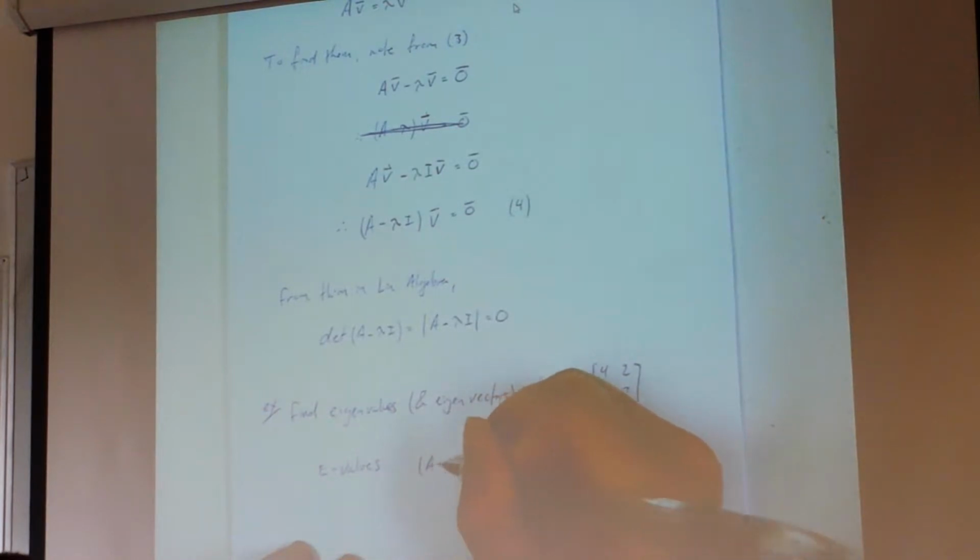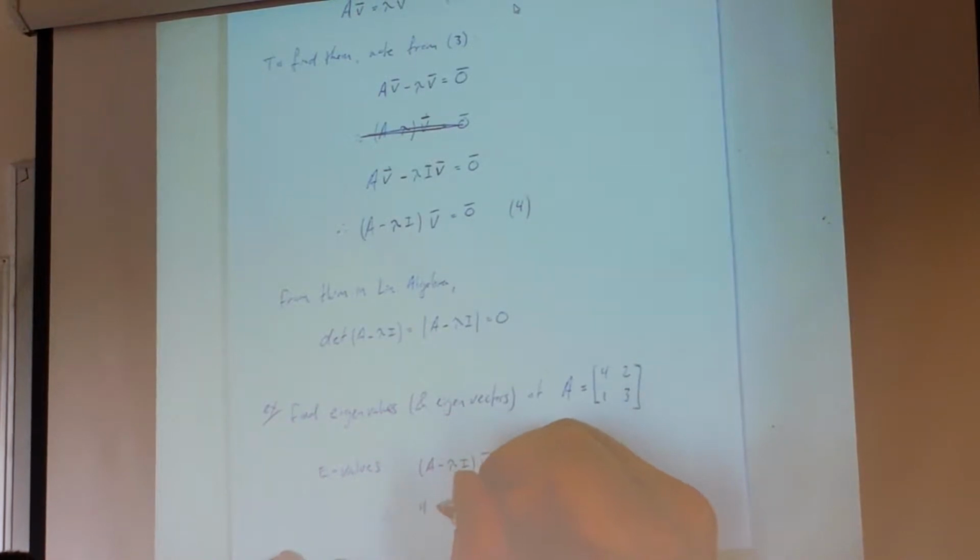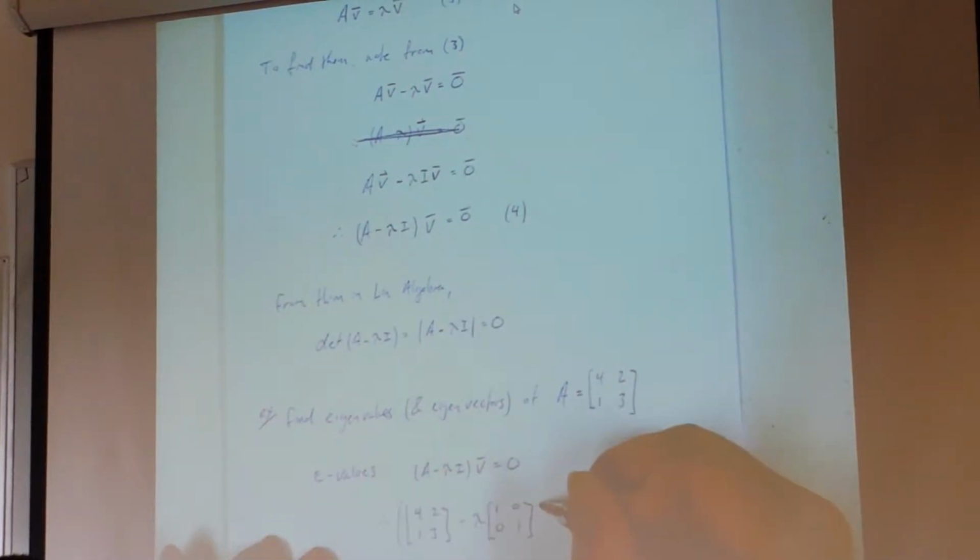So start with A minus lambda I times V equals 0, which implies that A, 4, 2, 1, 3, minus lambda I, and the I identity matrix 2 by 2, 1, 0, 0, 1. All of that times the vector V equals 0.